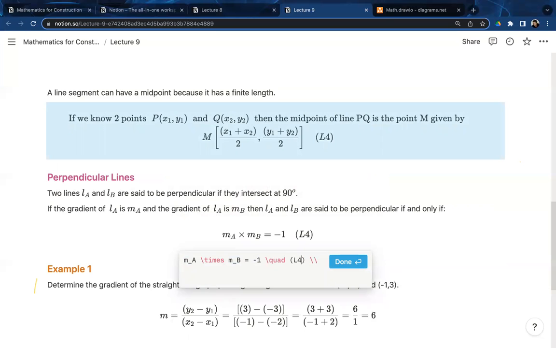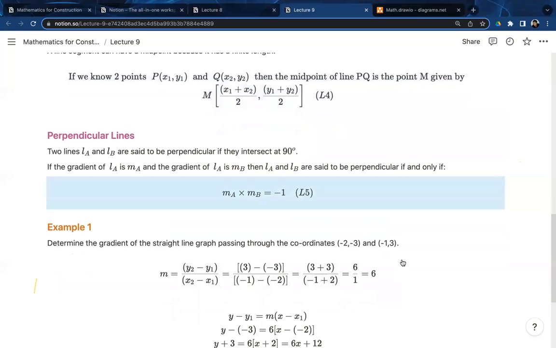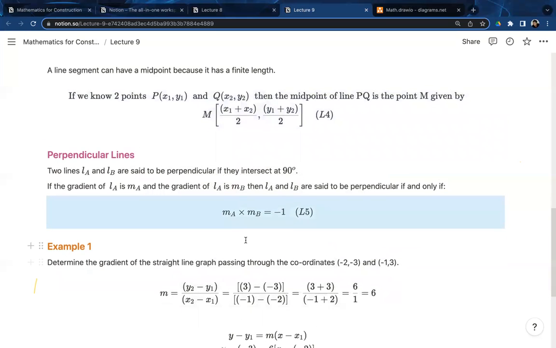So we have another formula here. Two lines are perpendicular if their gradients multiply together to give -1. The product of the gradients is -1.